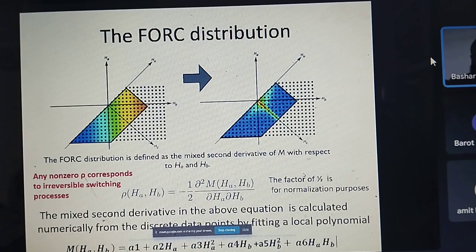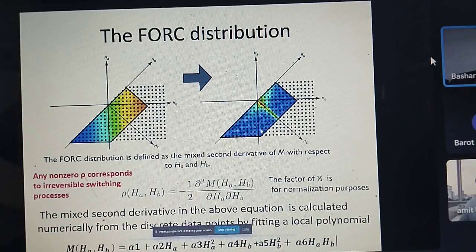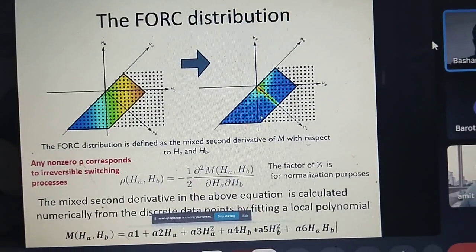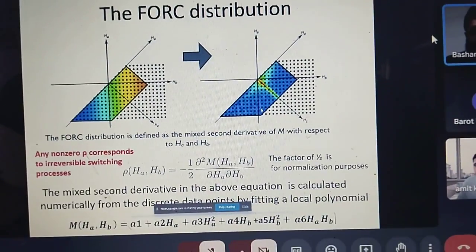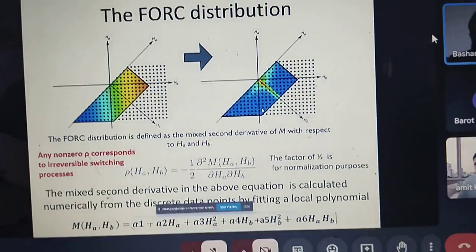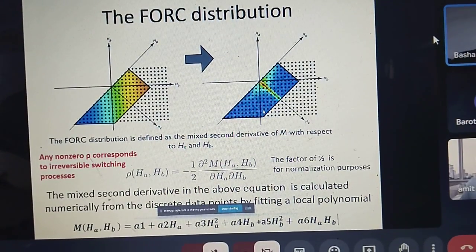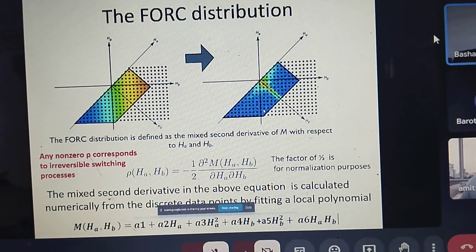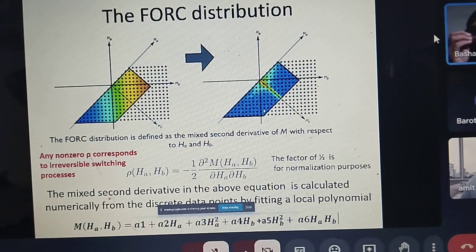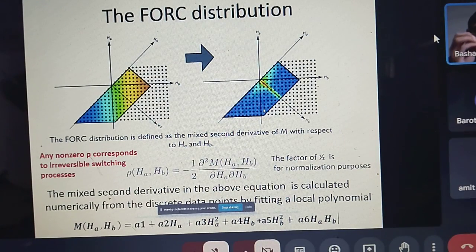So what's the magnetization surface? It is the value of magnetization in the Preisach plane as a function of the reversal field and the applied magnetic field. We normally use colors to represent the values of the magnetization.